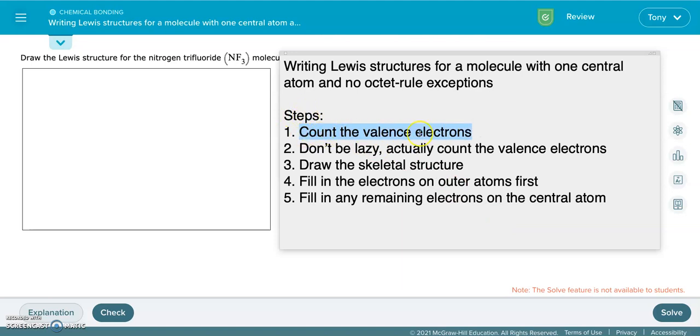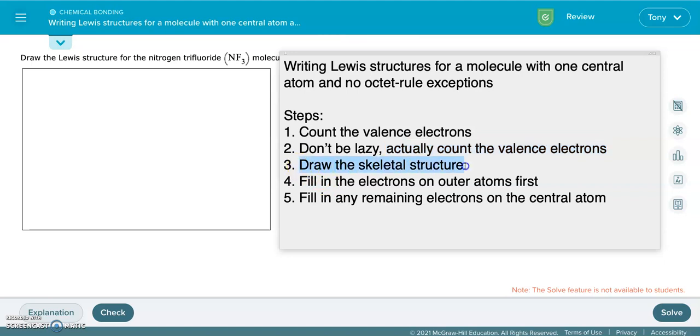This is the step that a lot of folks skip over, and if you do that, you're much more likely to make a mistake later on. So don't be lazy, and actually count the valence electrons. That's a number we're going to be referring back to as we go through the rest of these steps, so make sure you keep that in mind.